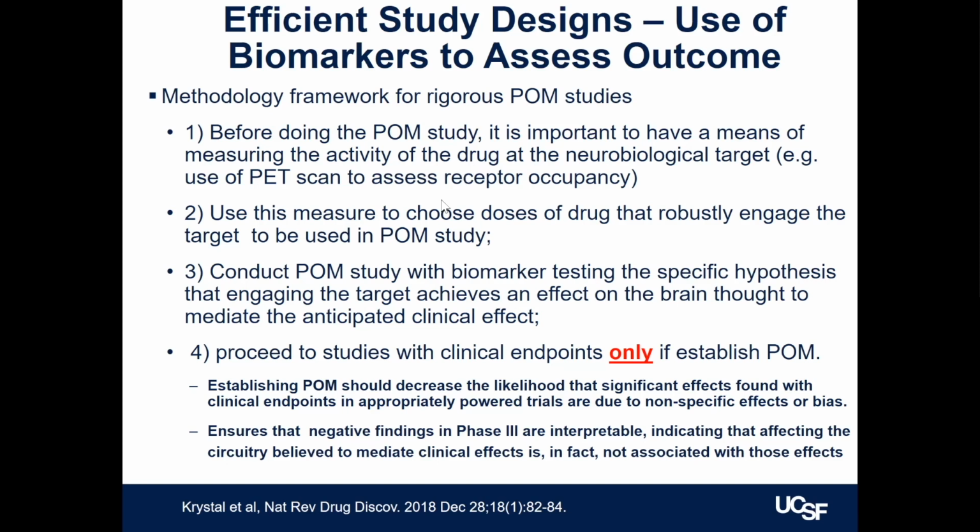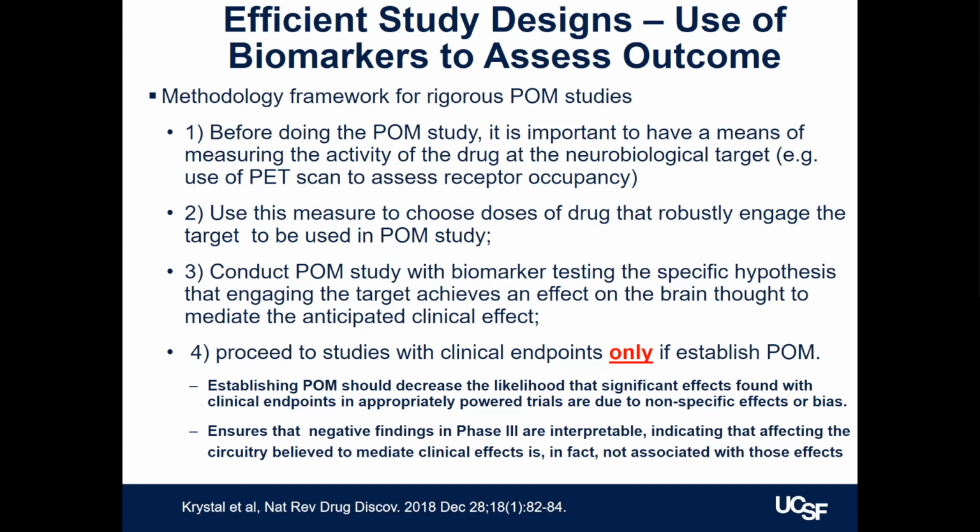Then that decreases the likelihood that, if you show a positive effect in a clinical trial that's adequately powered, it's due to some non-specific effect. It's much more likely mediated because you have achieved the change in the brain that you hypothesized would be there.